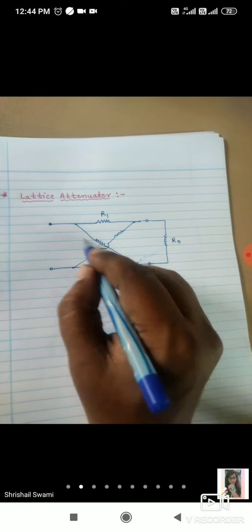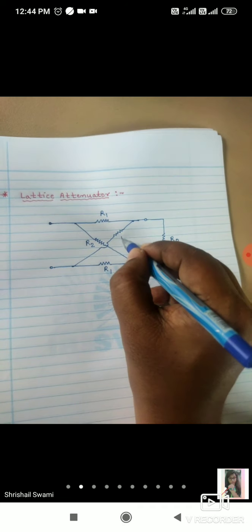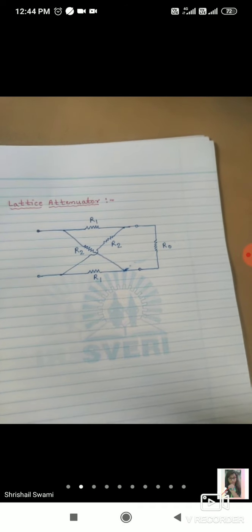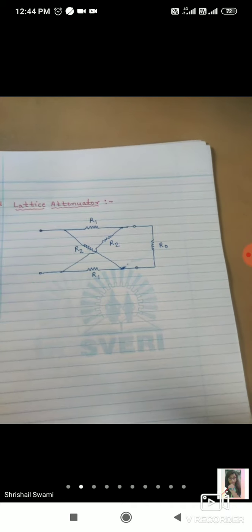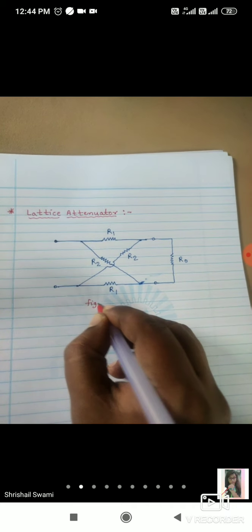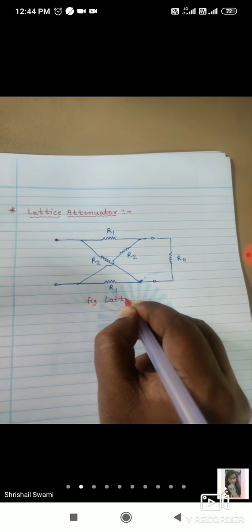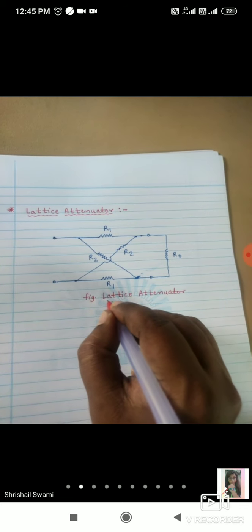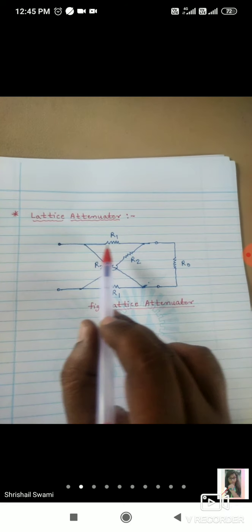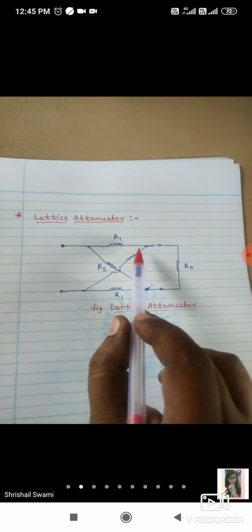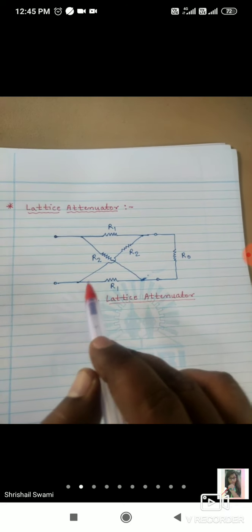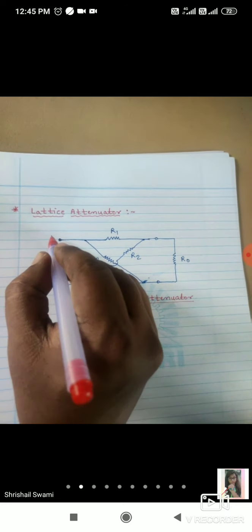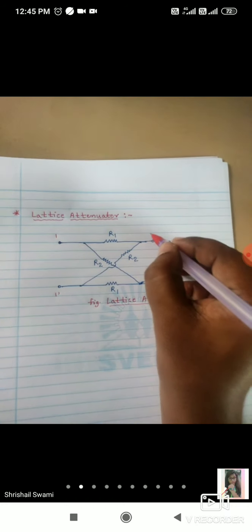So the series arm resistance is R1, and the diagonal arm resistance is R2. So this is the lattice attenuator. Here the series arm is R1, and the diagonal arm consists of R2. This is, as usual, port 1 dash, and this is 2 dash.